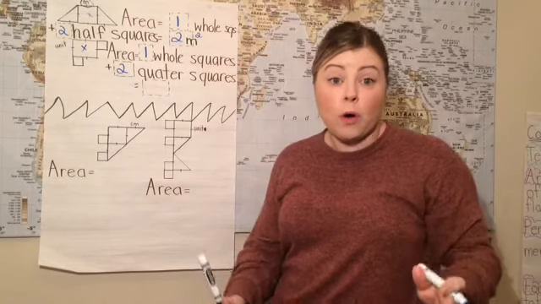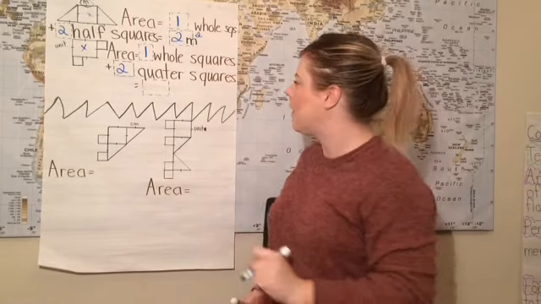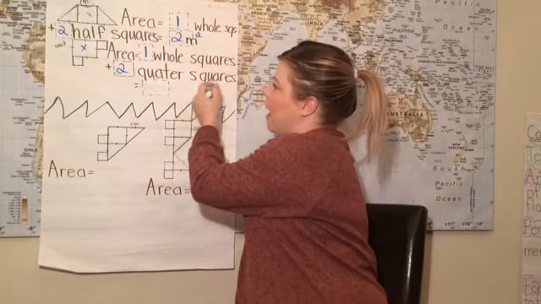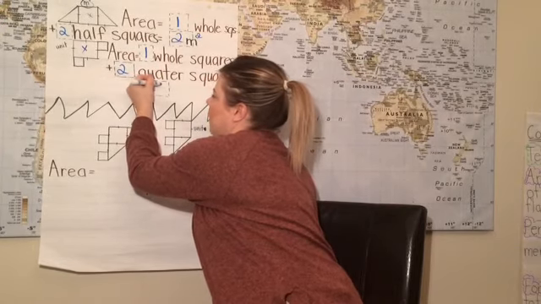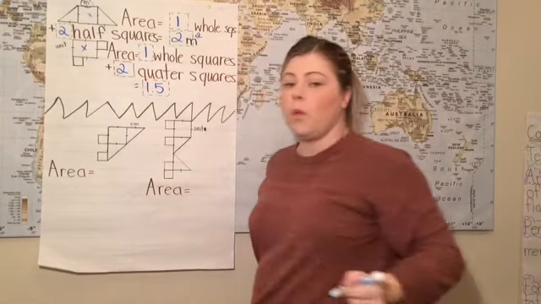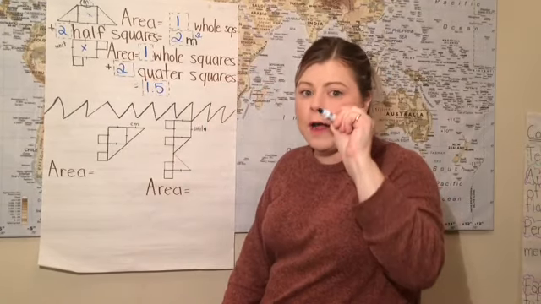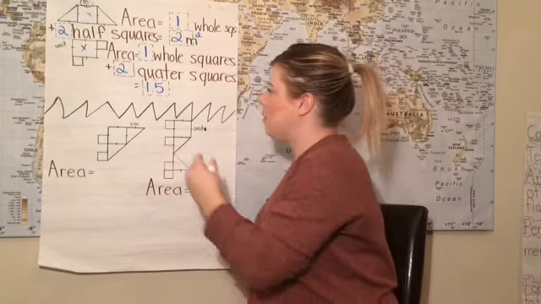Now I know that 2 quarters make 1 half, so I know that my shape is equal to 1.5, or you can put 1 and a half with a half symbol like this.